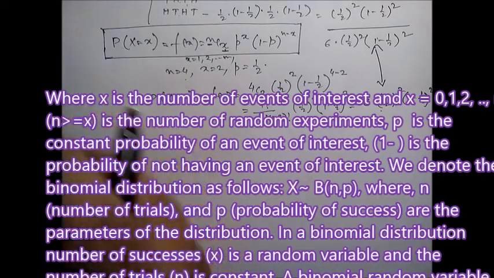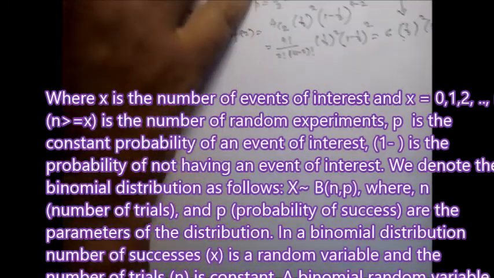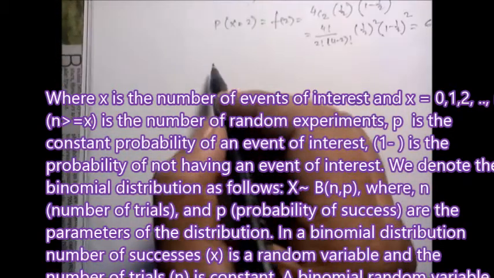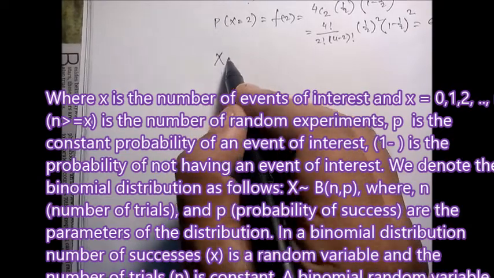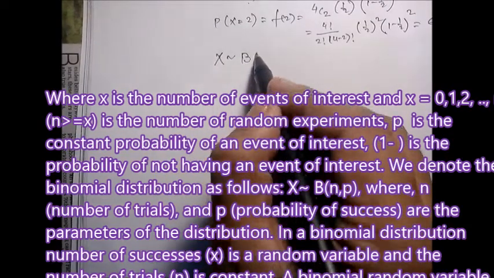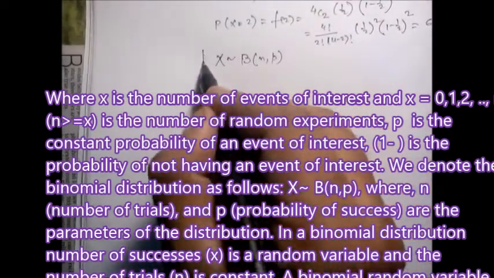We denote the binomial distribution as follows: capital X tilde B(n, p).